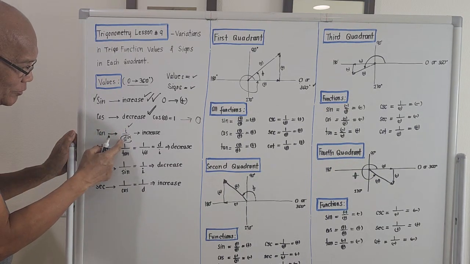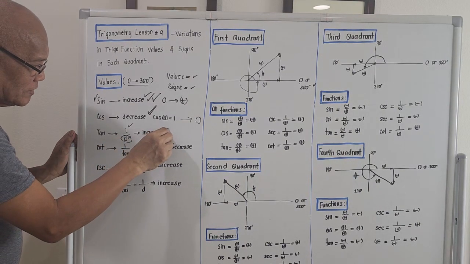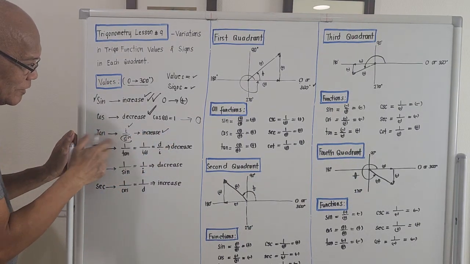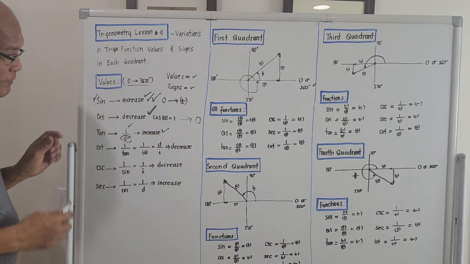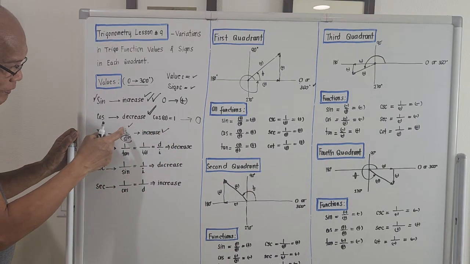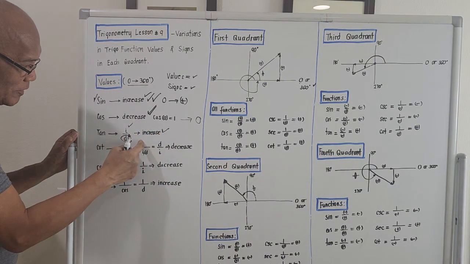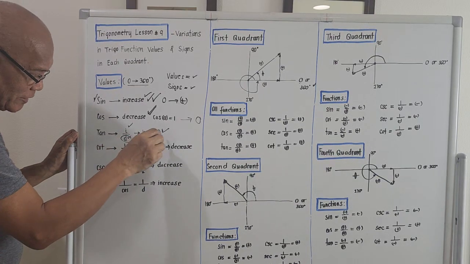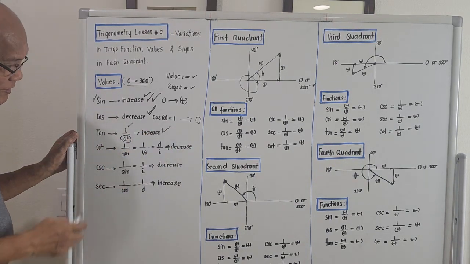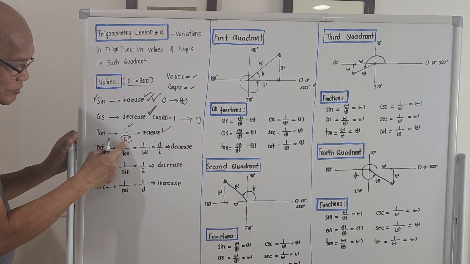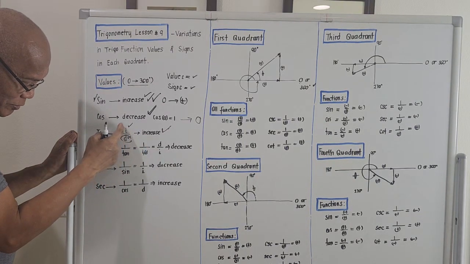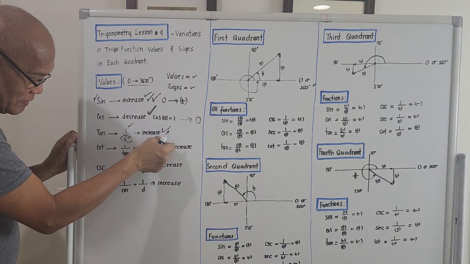Cosine is the denominator and it is decreasing, so the tangent function will increase. Because the ratio of an increasing value over a decreasing value should be an increasing value. The denominator is decreasing, so what will come out if we divide this will be an increase.